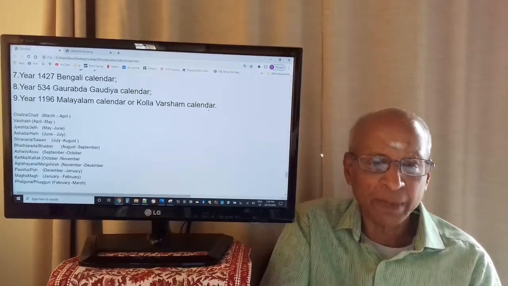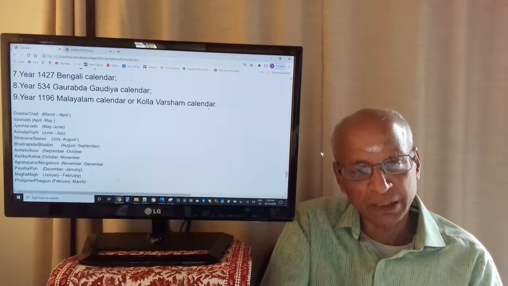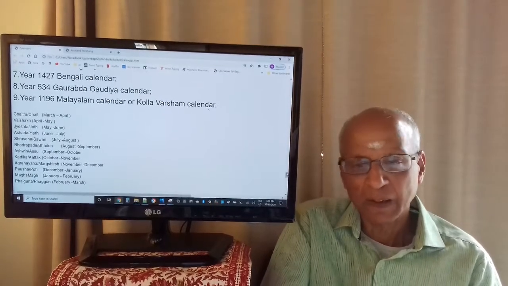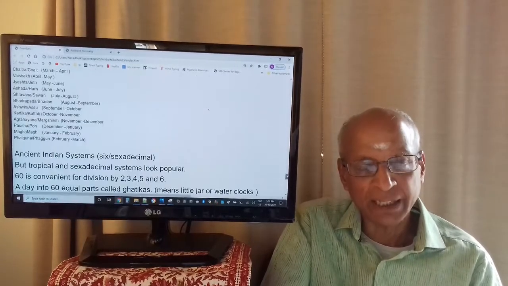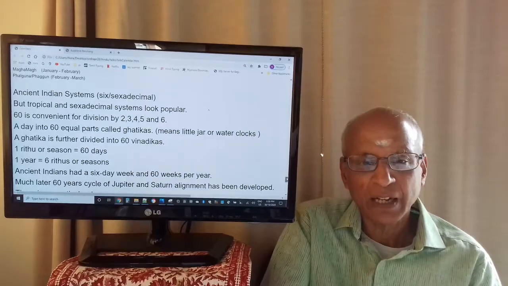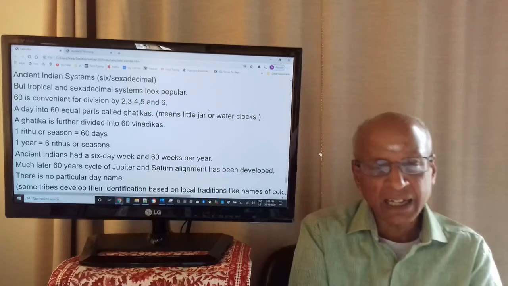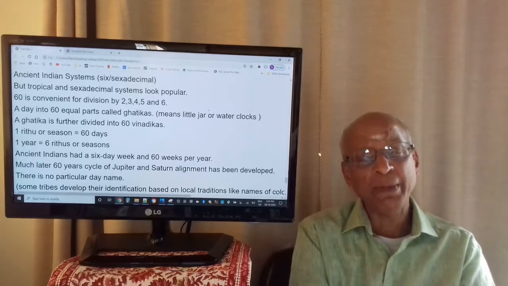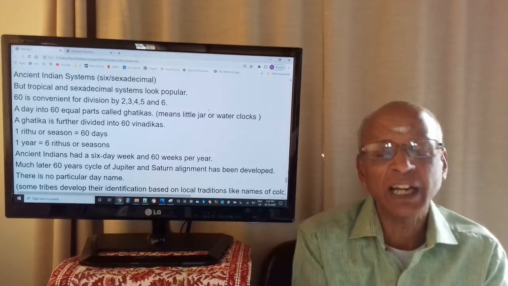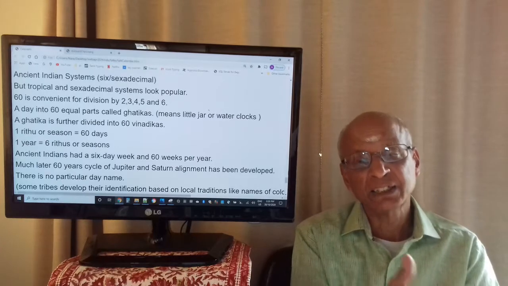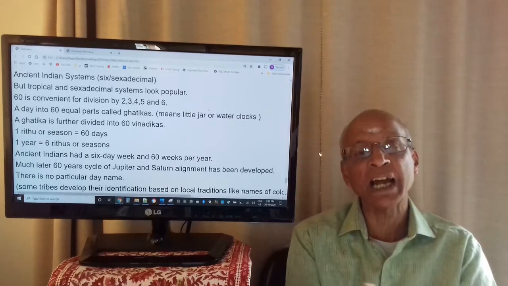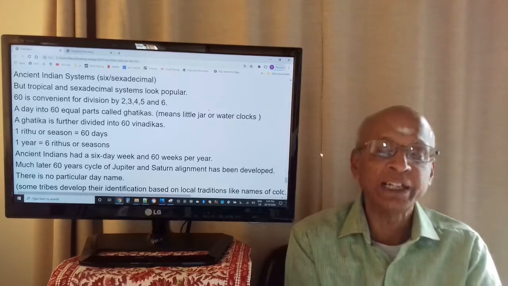Then there are also months, Chandra months, Chaitra months, with rough coinciding of the dates. Okay, let us come to the ancient system. This system is maybe 2000 plus years old. It doesn't change in a day, but over a period of time, with different developments.